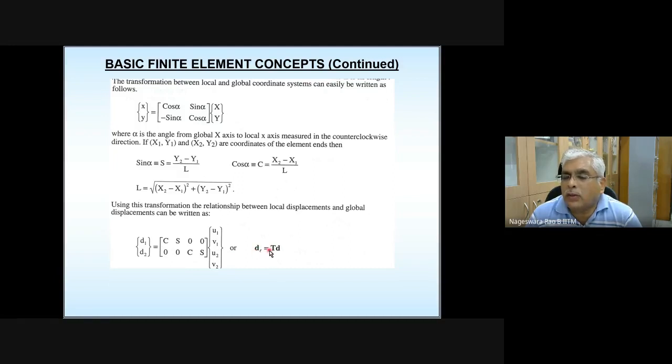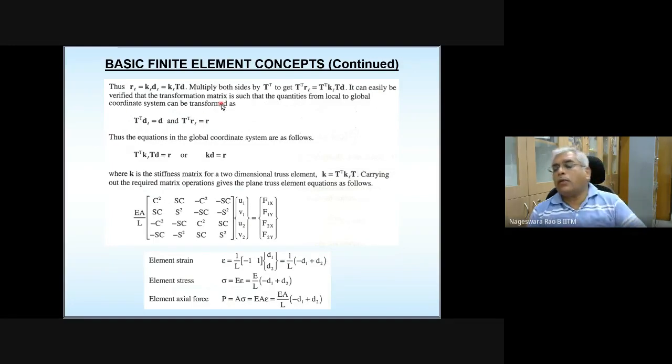So DL is equal to T D, and D is equal to T transpose DL. This inverse relation, D is equal to T transpose DL, please take a note of it. And the way the displacements got transformed, the forces are going to get transformed in the same manner. That you keep in mind.